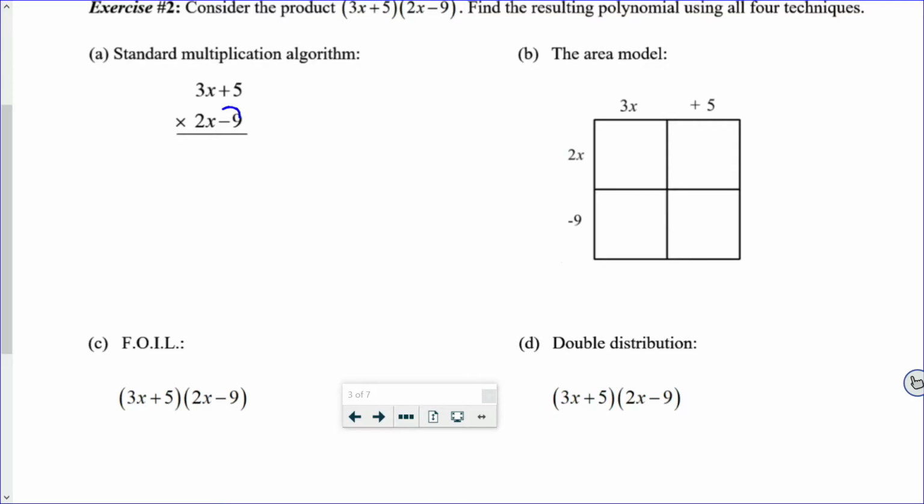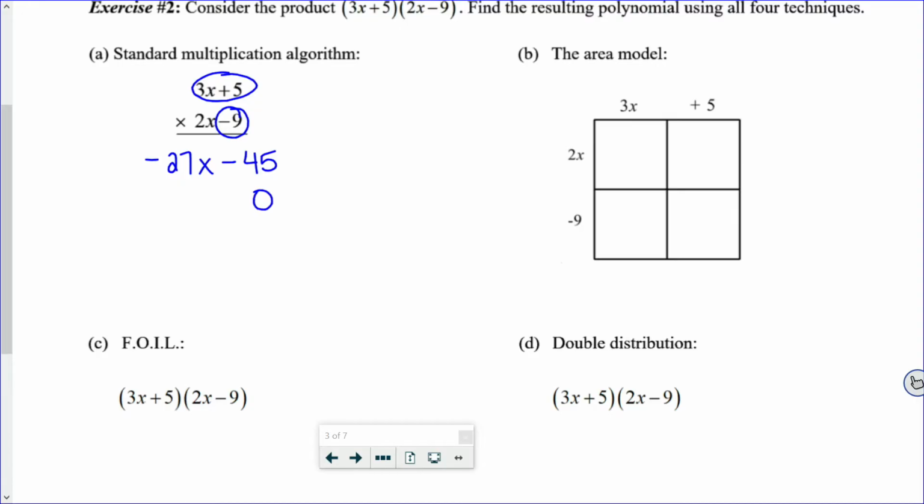First things first, I'm going to take -9 and multiply it by 3x + 5. That would be -27x - 45. And just like the standard multiplication algorithm, I now put down a 0 as a placeholder. Now I'm going to take 2x and multiply it by 3x + 5. That's going to give me 6x² + 10x.